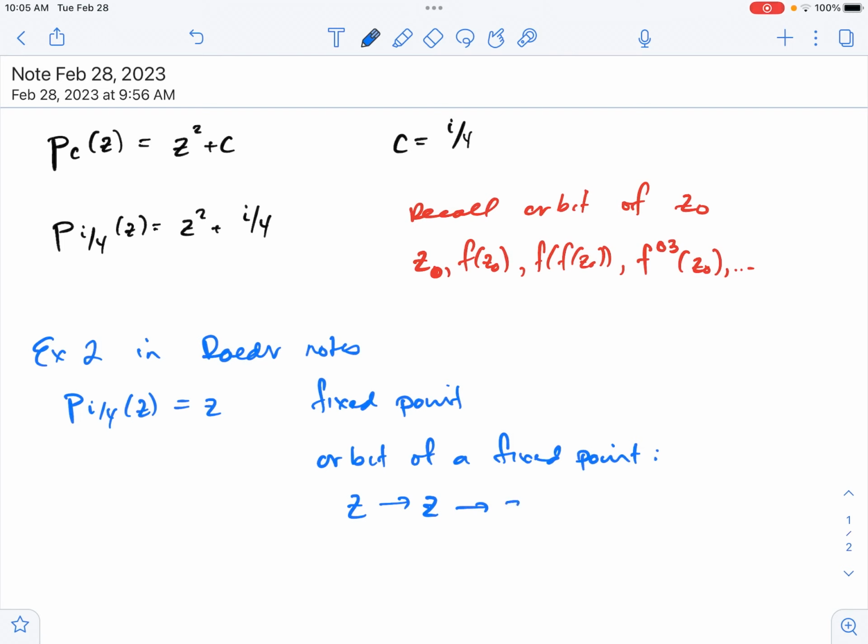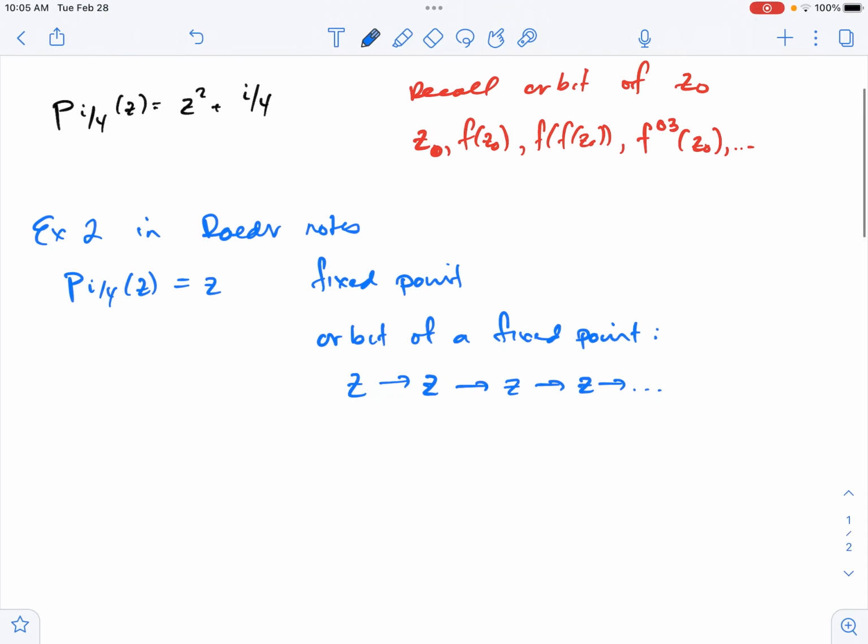I apply the function again, and z comes out, forever. So a fixed point is a point that doesn't move under repeated application of our function P_{i/4}. So we're going to try to find the fixed points of this function.